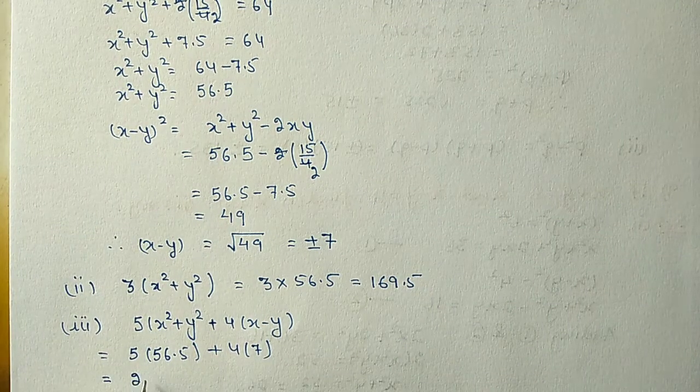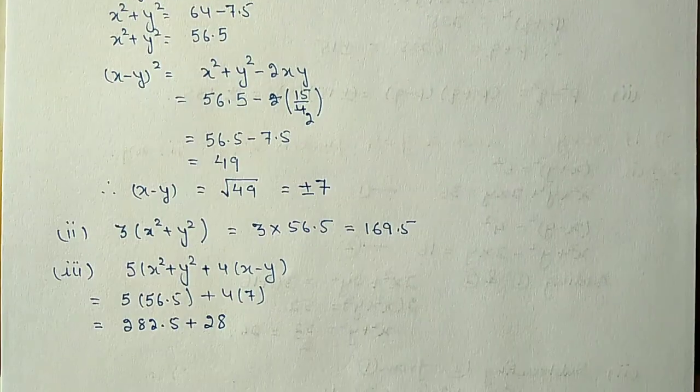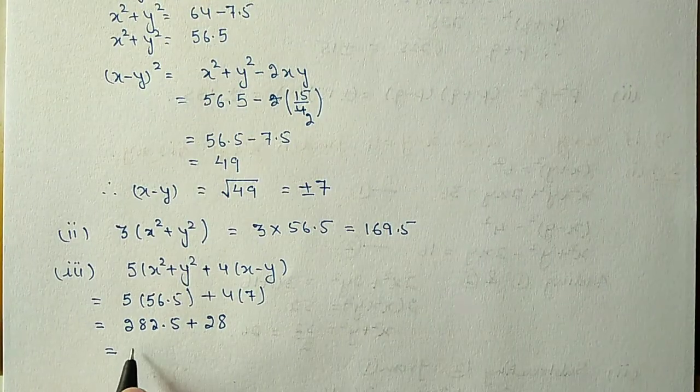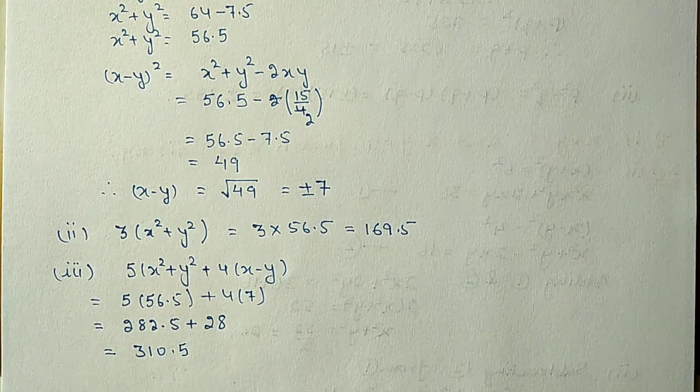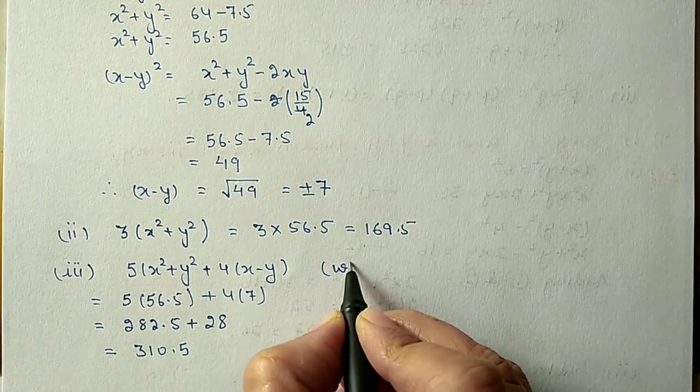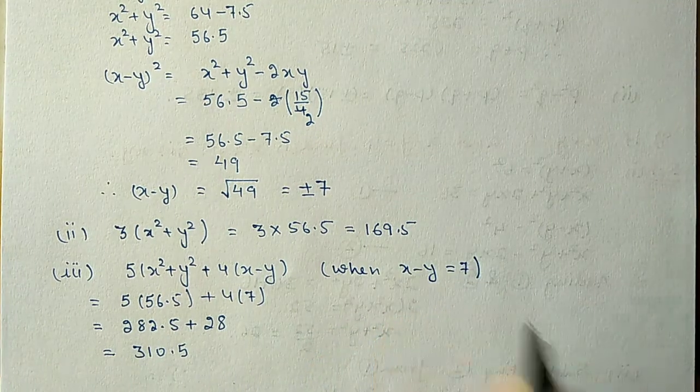After multiplication we will get 282.5 plus 28 equal to 310.5. This is when we have taken x minus y equal to 7.